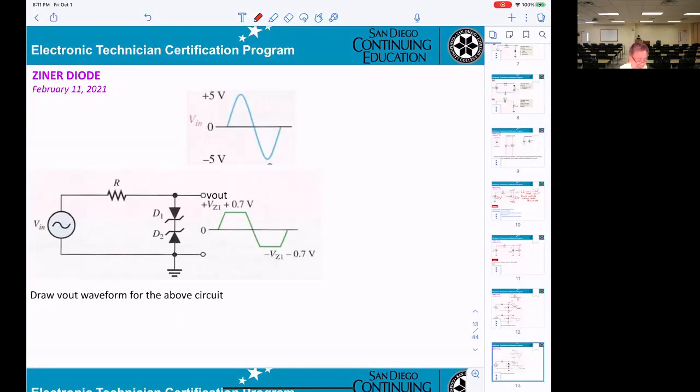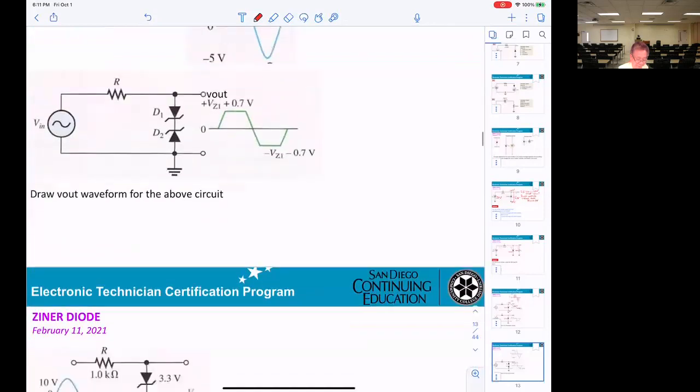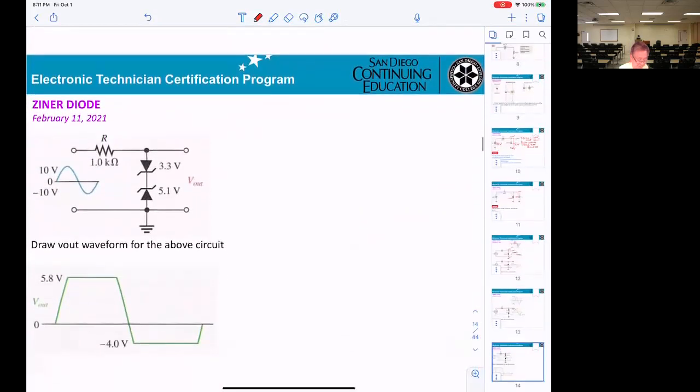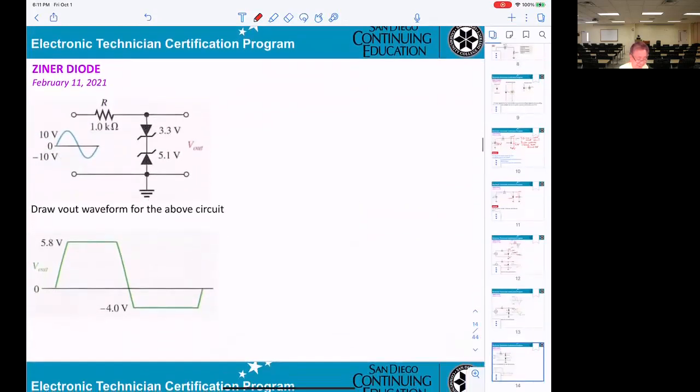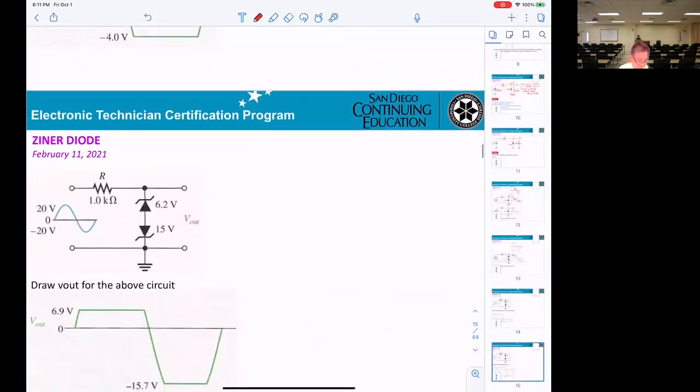And for the negative cycle, okay, Z2 breakdown, they will be minus VZ1 minus 0.7. Same thing in here. You can look into that, okay? Same thing.